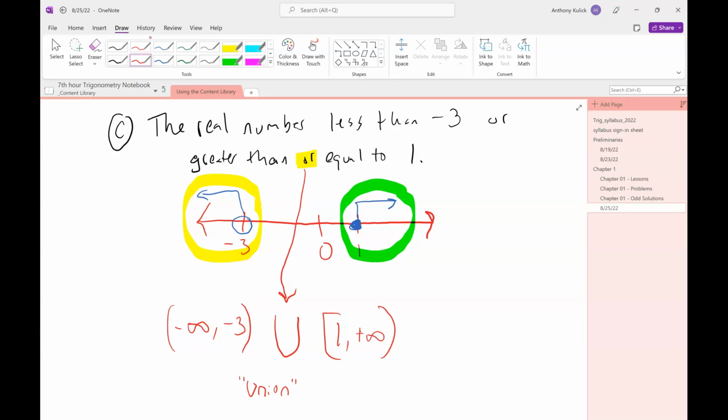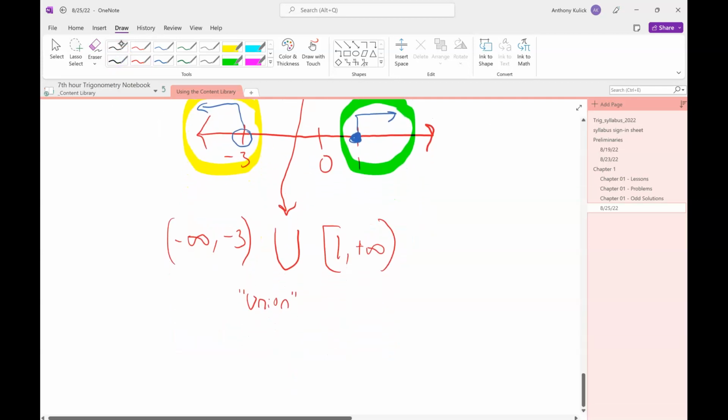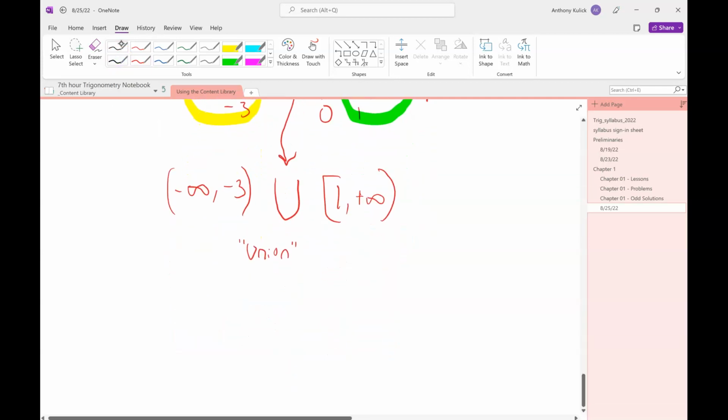So for example, -6 belongs in this set because it's inside of the first interval. 18 would belong in this set because it's part of the second interval. 0 would not be part of this set because it's in neither interval. Is that okay? We're going to do one more example, and then we're going to talk about domains. Cool?